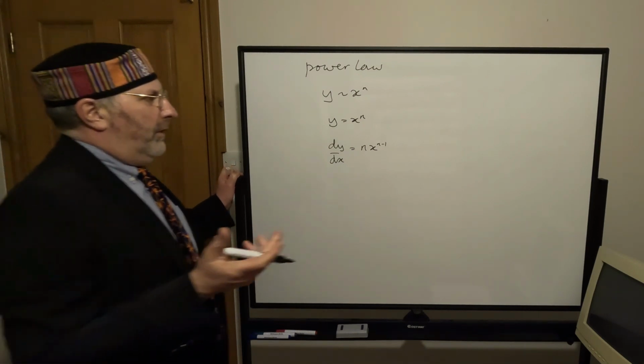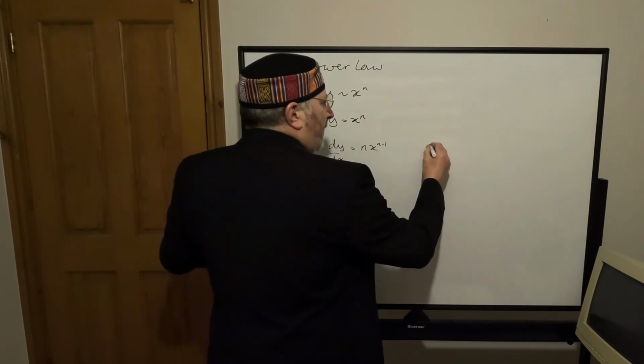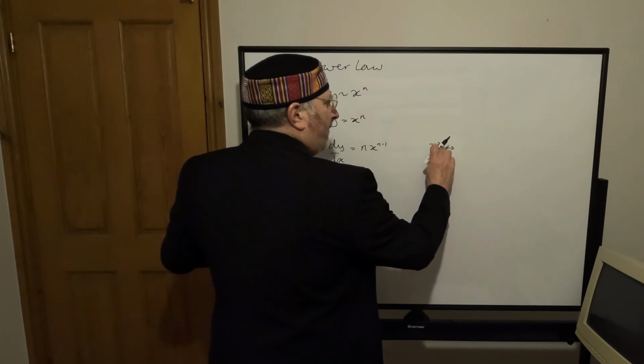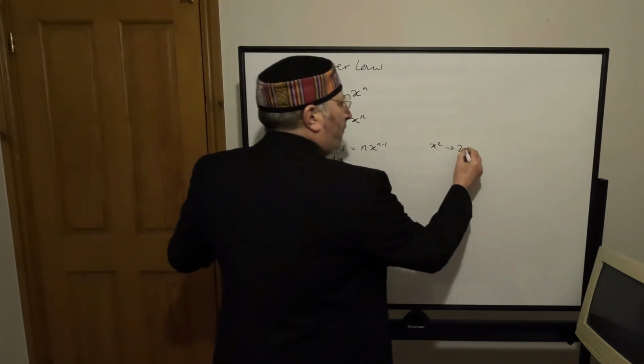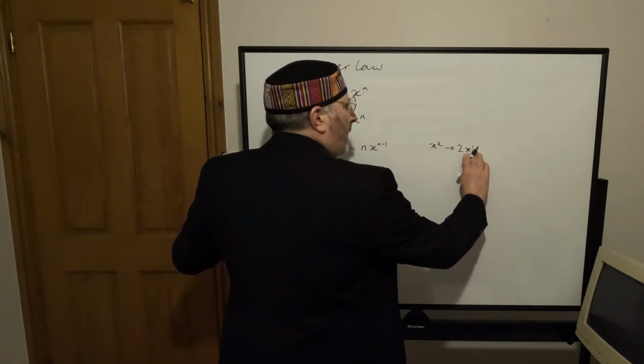We can see that that works for the examples we've considered. So if it's x squared, n is 2, so that's 2 times x to the n minus 1. 2 minus 1 is 1, and x to the 1 is just x.